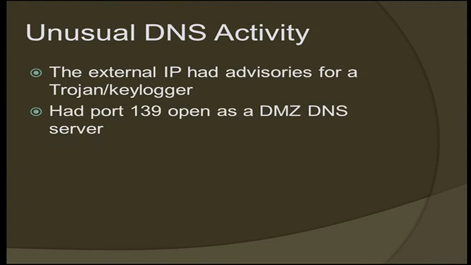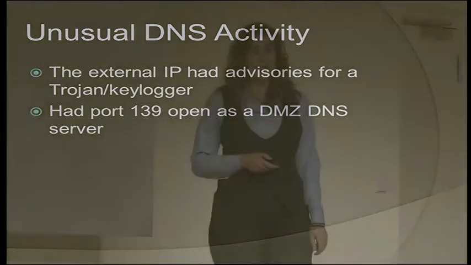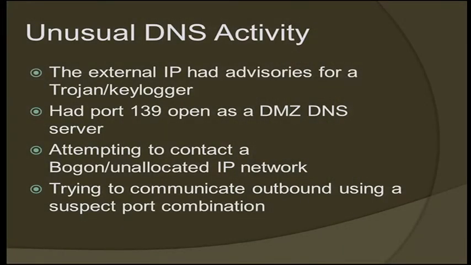Additionally, looking deeper into that one particular DNS server that we thought might be compromised, I was able to see that it had 139 open on the DMZ. It was a public name server, and it was trying to communicate to several bogon IP addresses and networks. It also had a very suspicious port combination that it was using, which is typical for malware infections.